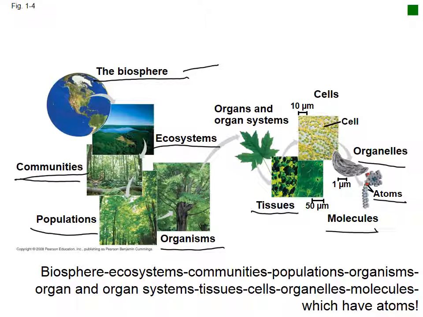So you have to talk about the biosphere, what it is, then what the ecosystem is, and what the different kinds of communities present in it are, what the different kinds of populations are. So one population of anemone, one anemone. Okay, and then it has a digestive system, circulatory system, excretory system, nervous system.